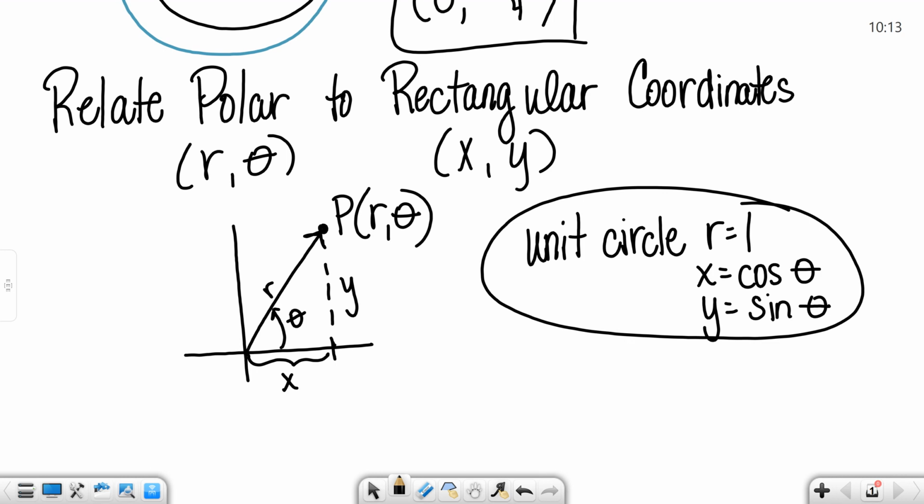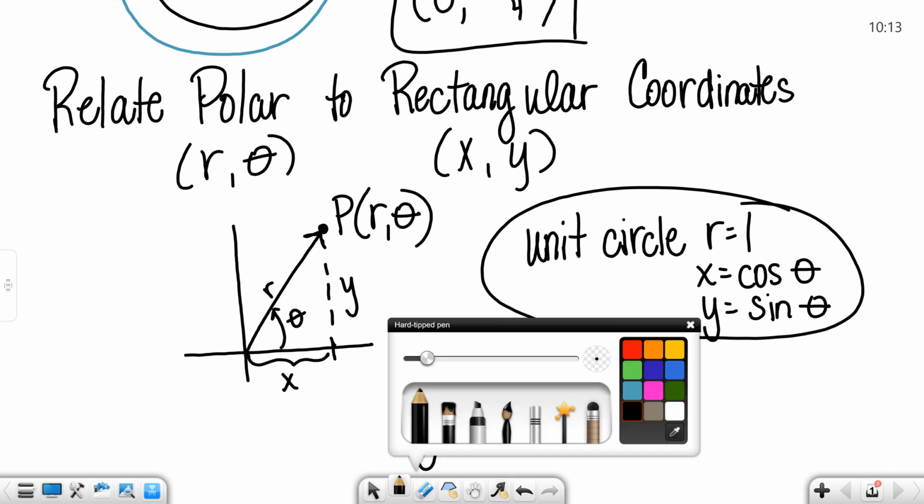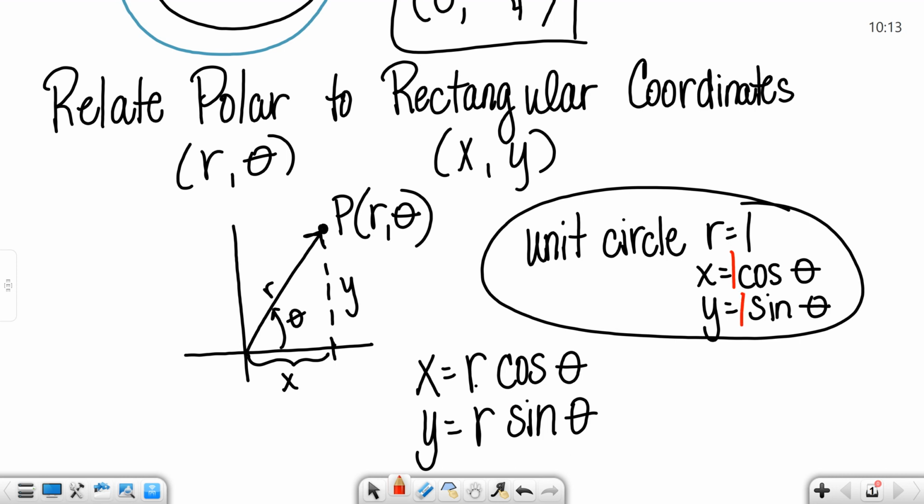So, when we're on the polar coordinate system, our x value is whatever the value of r is times the cosine of theta. Our y value is whatever that value of r is times the sine of theta. Very similar to what we did on the unit circle, but on the unit circle, our r value was just 1 both times, so it looks like we didn't use it, but we did.